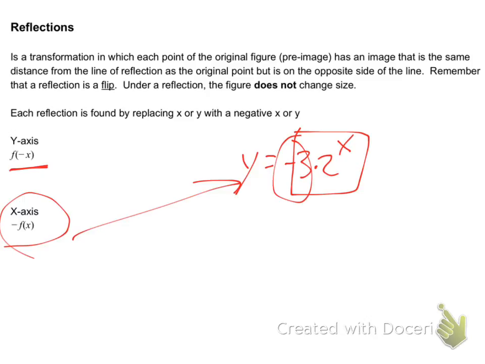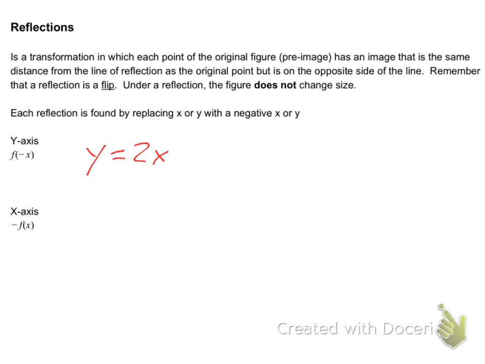So, let's see if we can come up with an equation for this. Let's try y equals 2 to the x. We all know that if I graph this, or at least I hope, you guys should see something like this, yes? If I want to reflect this about the y-axis, well, the y-axis is here, right? This line. So this point, we're going to say here.